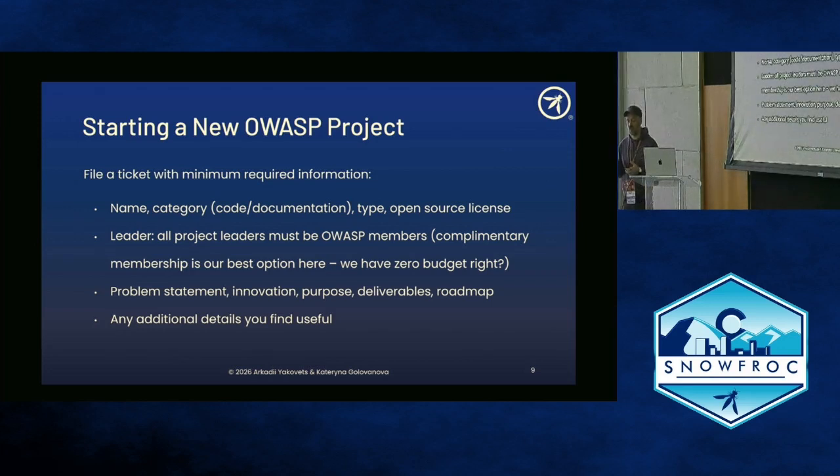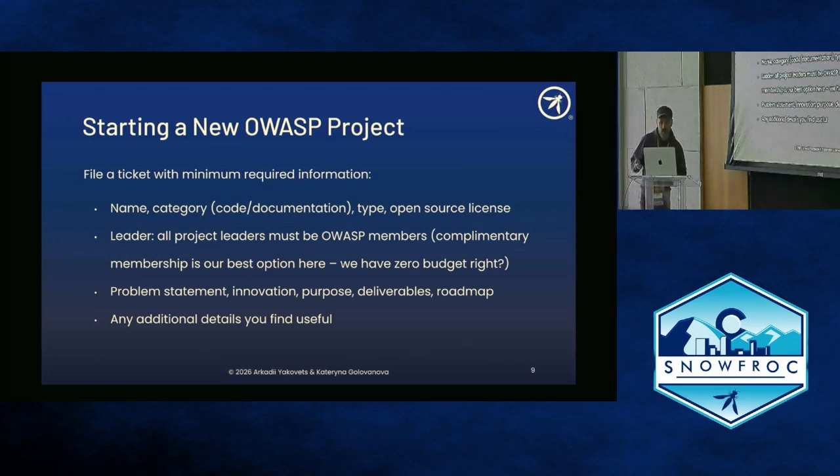You should go there and file a ticket with minimum required information about your project: name, category type, your unique selling point, and of course you need to make sure that this project is not something that already exists within the OWASP ecosystem.